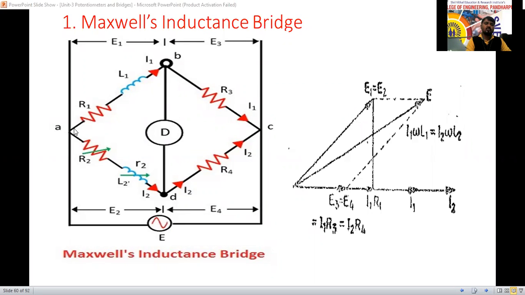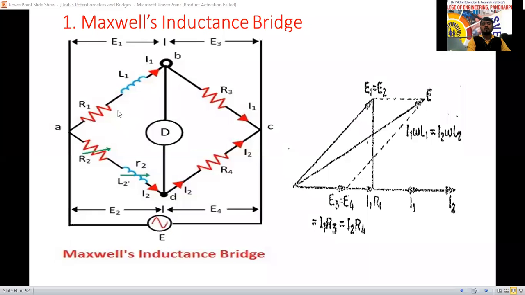So branch 1, that is AB, consists of resistance R1 and inductance L1. The non-inductive resistances are capital R1, capital R2, small r, capital R3, capital R4. All these are non-inductive resistances. But only this R2 has some inductance, and this L2 has some resistance.